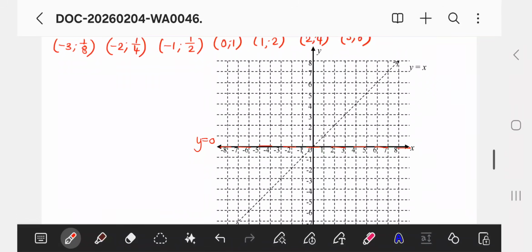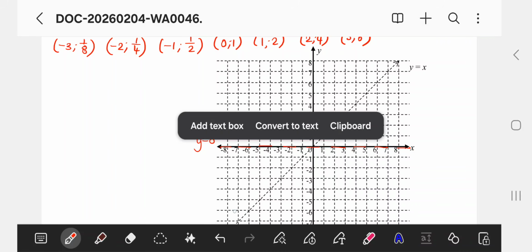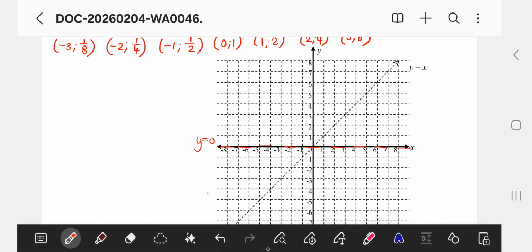Now the first point we have is -3 and 1/8. So 1/8, which as a decimal is 0.125. So it's going to be slightly above this line. To estimate it, I'm just going to have it here.